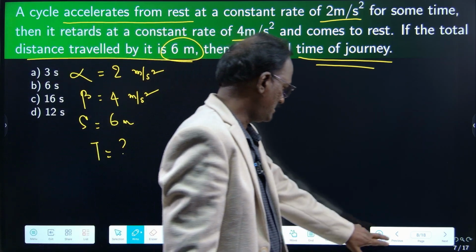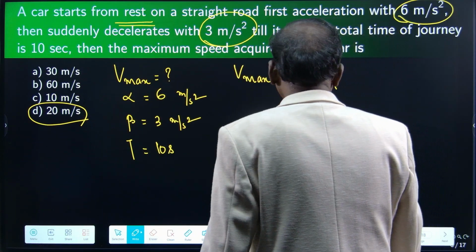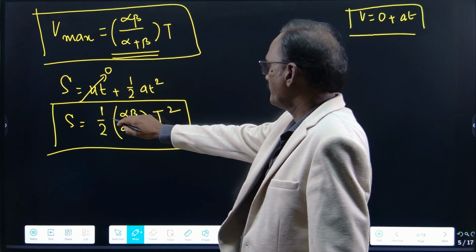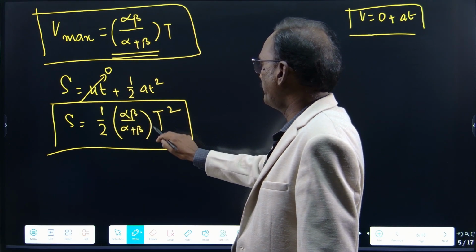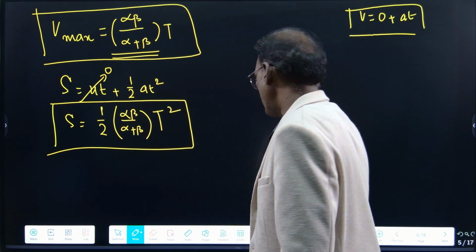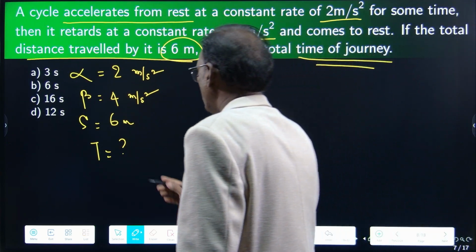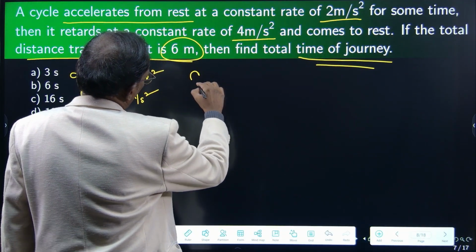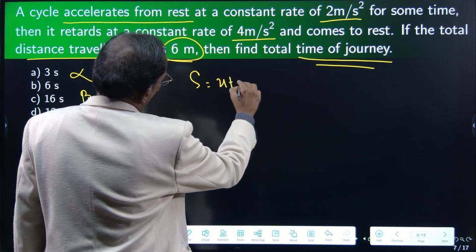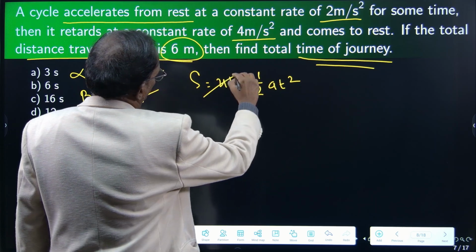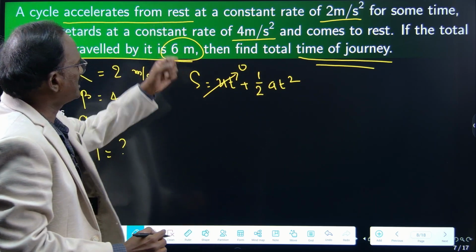See, we have the formula, S is equal to 1 by 2 of combined acceleration into t square. S is equal to, so usually we will write ut plus half at square. So this u is made as 0 because it is starting from rest.